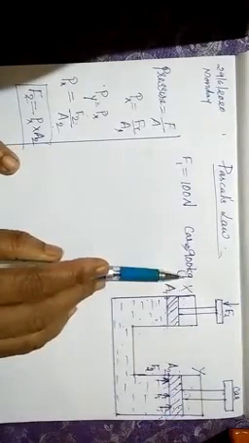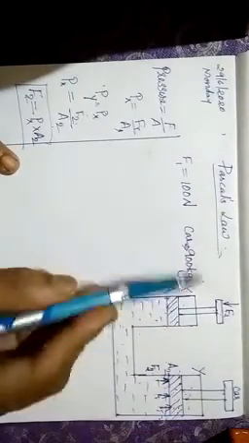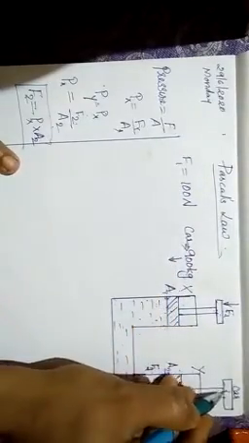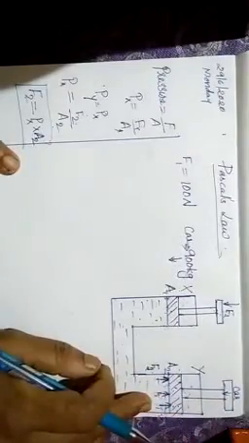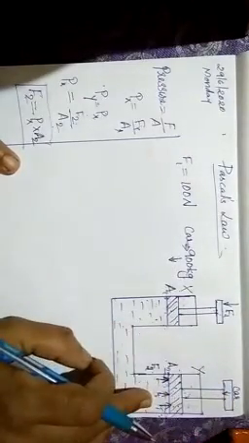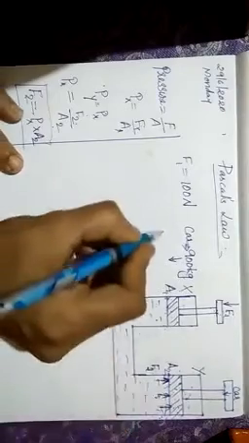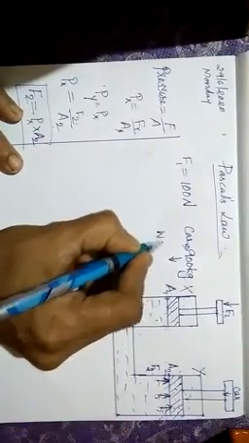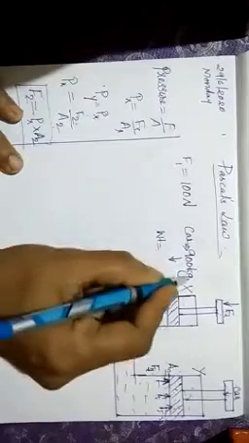So due to the weight of this car, the car will be applying a downward force on the piston. As soon as the car is placed, there will be a downward force due to its weight. Isn't it?